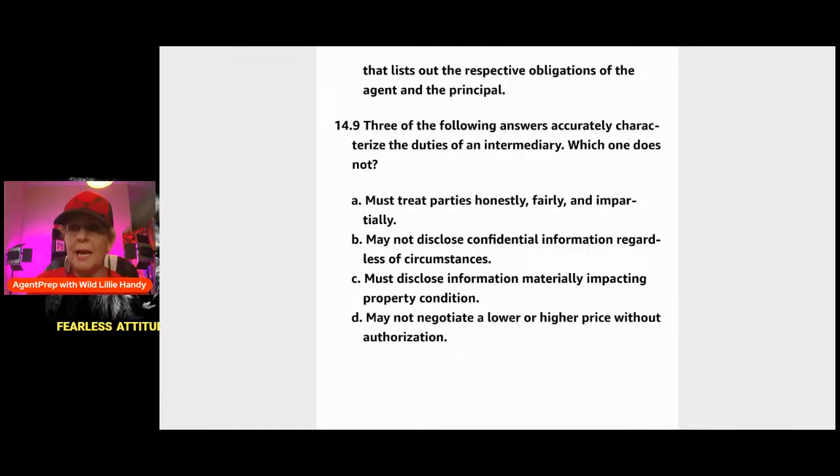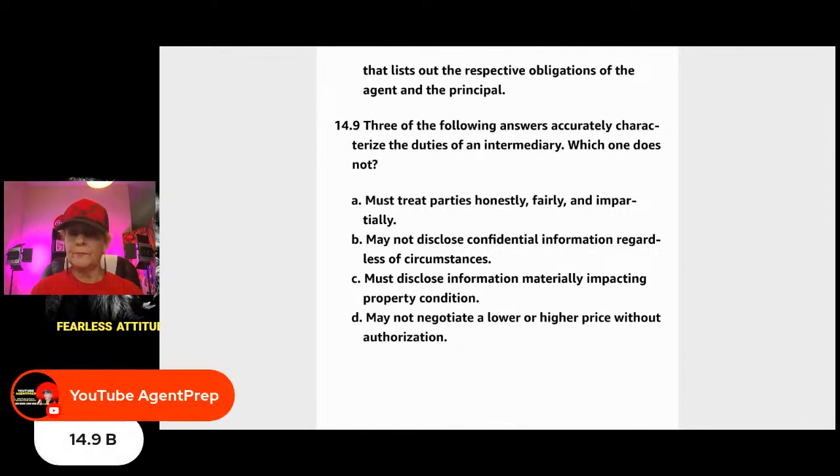B, may not disclose. C, must disclose. And D, may not negotiate. So 2 of the answers had must and 2 had may. So which one did not? May not disclose confidential information. That one we are required to disclose if requested by law, by the courts.